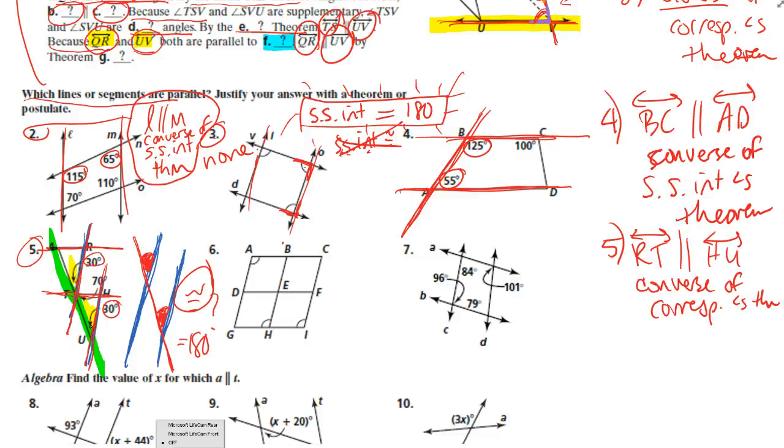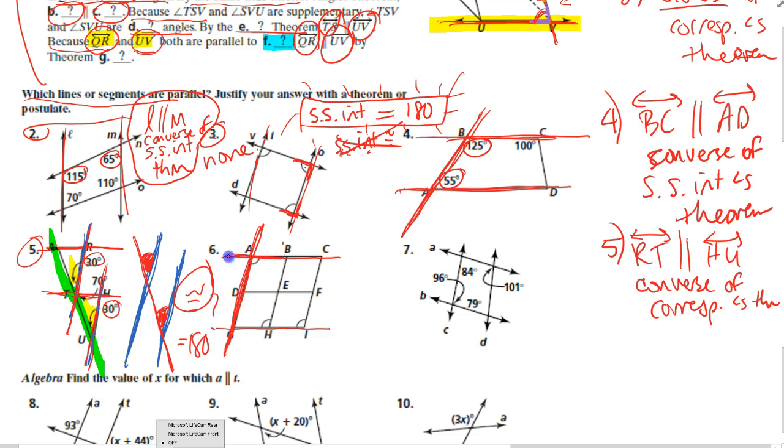Okay, number 6. There are a lot of candidates here. Let me start with, let's try this. If I use AC and GI with this as a transversal, do you see any pairs of angles that are actually in a relationship?